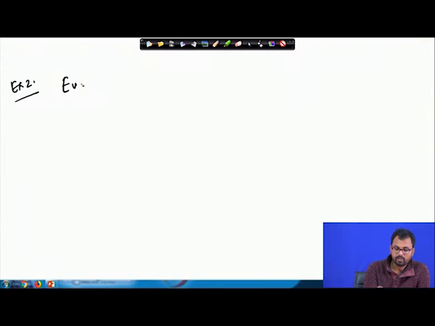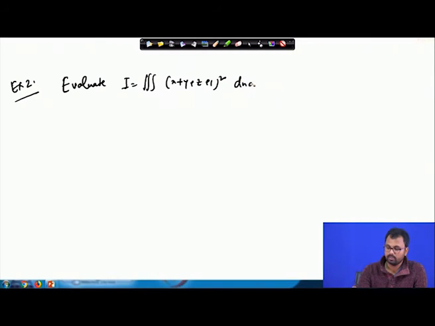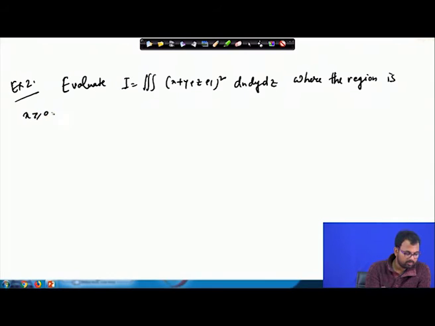Here it says evaluate the integral of 1 over (x plus y plus z plus 1) whole square dx dy dz, where the region is x greater or equal to 0, y greater or equal to 0, z greater or equal to 0, and x plus y plus z less or equal to 1.